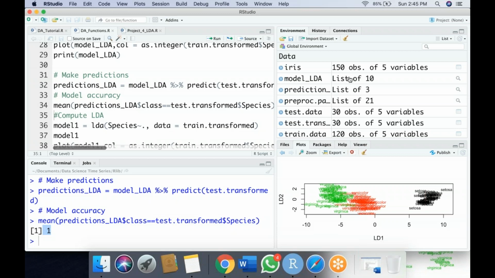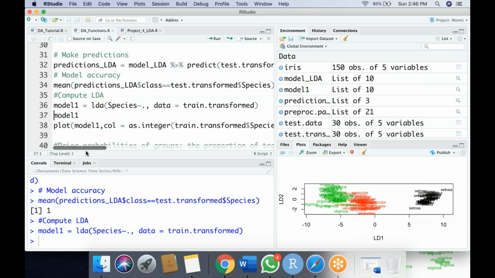In a small data set, although it's giving a very high level of accuracy, that could also mean the model is a bit overfitted. But nonetheless, we have created our first LDA model using this method.